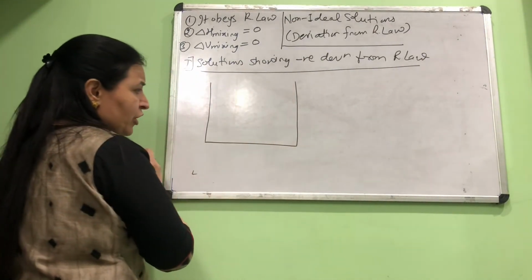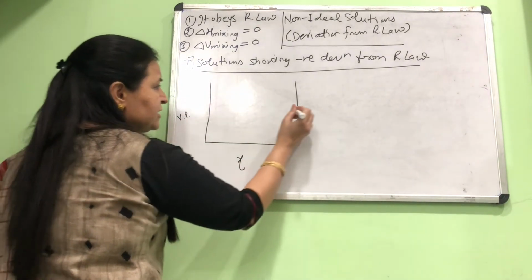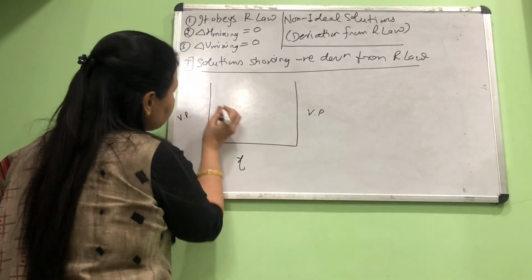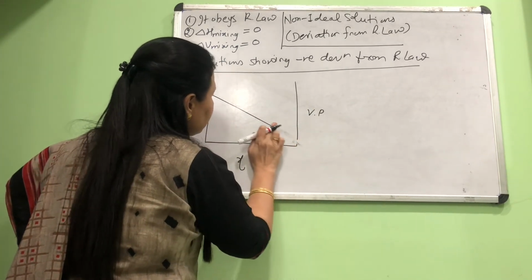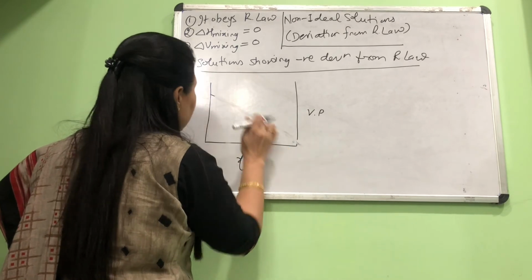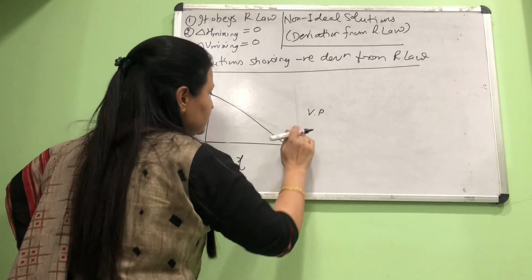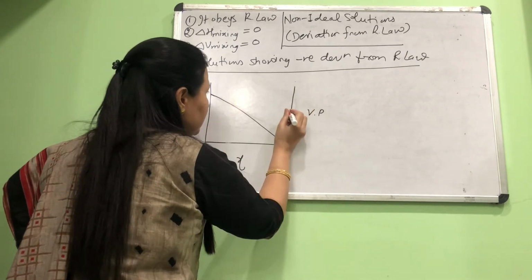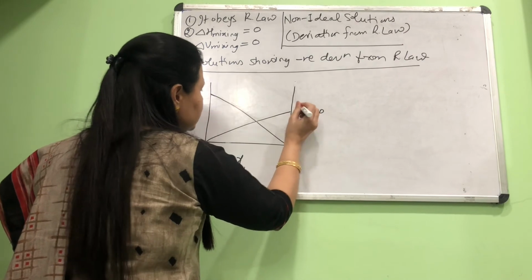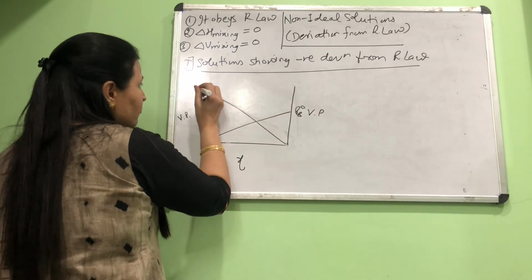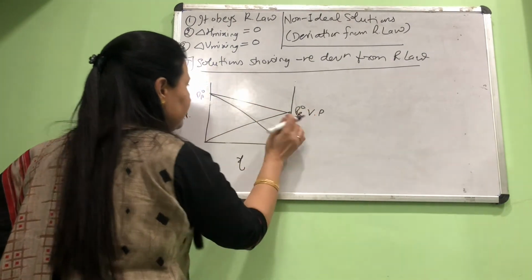I am drawing a graph. Again, this is the mole fraction axis, the vapor pressure axis. We already have an ideal graph that we made for component A and component B. I'll be making some small changes to that so that you understand what negative deviation from Raoult's law is. This is your PB naught, this is your PA naught, and what I have shown presently are the ideal behaviors.